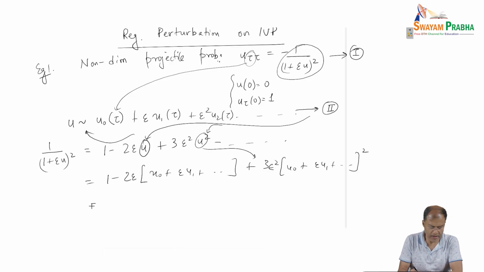Okay, so then we have that this is 1 minus 2 epsilon u naught plus 3 epsilon square u naught and so on, right?